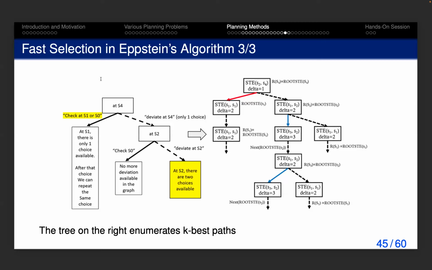So Eppstein's algorithm defines a search problem on enumerating the suboptimal paths or plans, and you can read them off one by one by looking at the path cost, because in the end you run Dijkstra again on top of here, so that you can enumerate suboptimal paths according to the value of each node, and the value of each node comes from these deltas. Adding up deltas along the path will give you the total deviation cost.